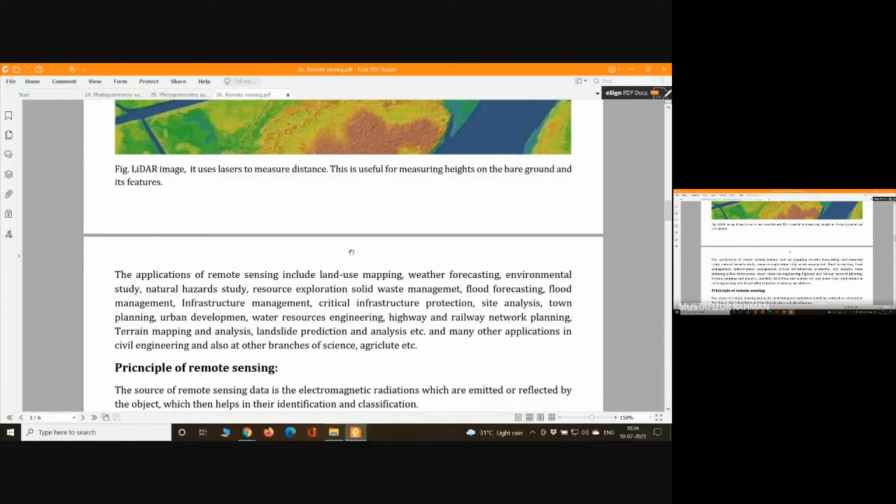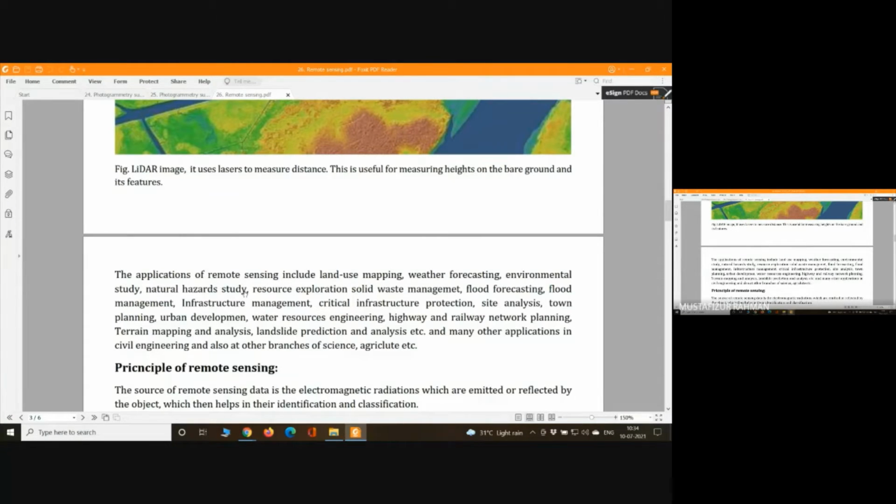What are the applications? There are a huge number of applications of remote sensing. We can do weather forecasting and land use mapping. What types of land use are there, what is the population density, what is the infrastructure density, forest, everything we can find out using this method. Environmental studies and natural hazard studies can be done.